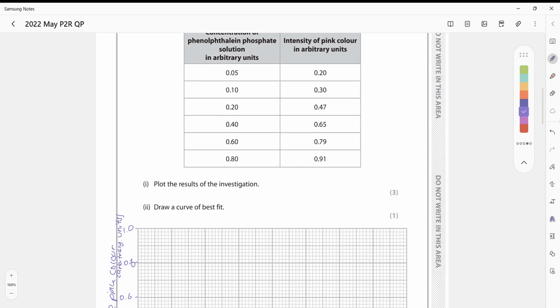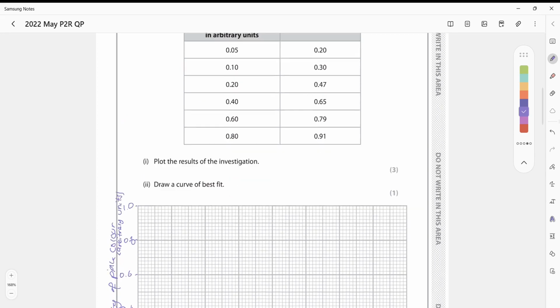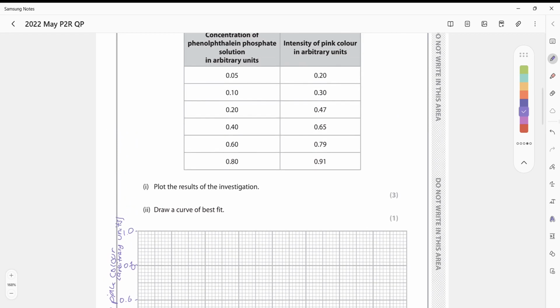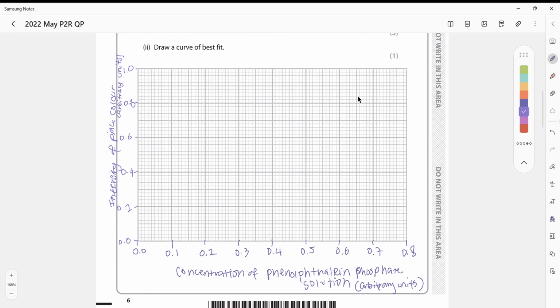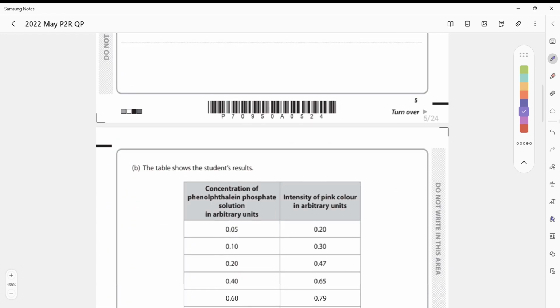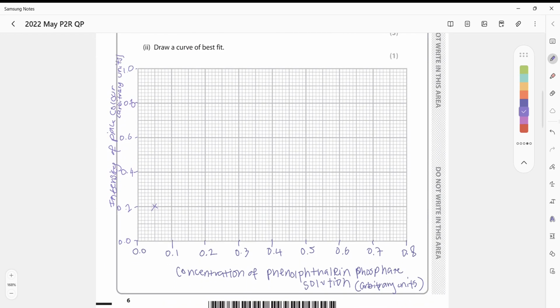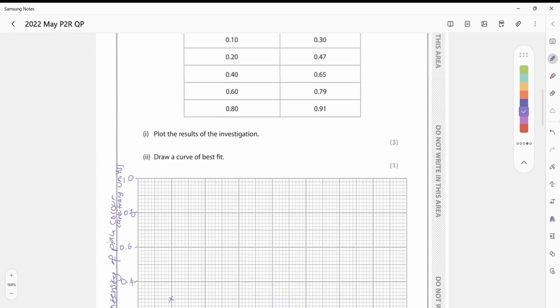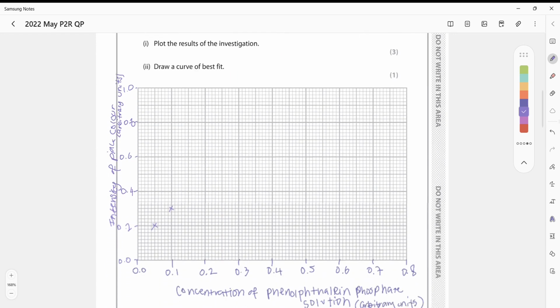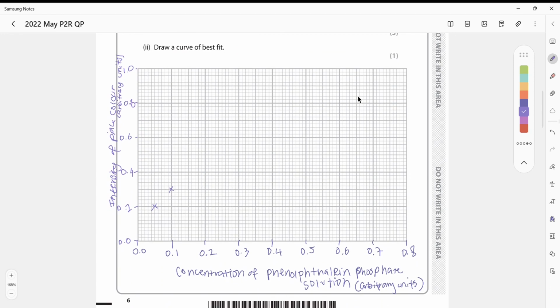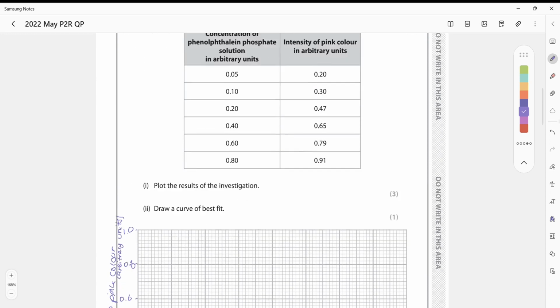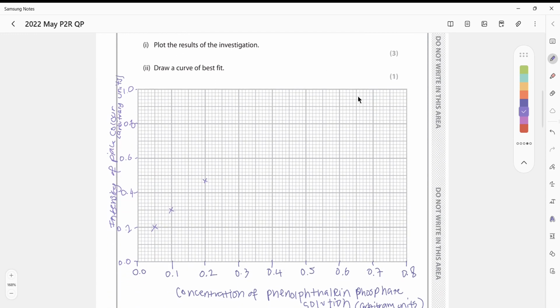So let's look at the first point. The first point is 0.05 and 0.2. So 0.05 is here and 0.2 is here. Next we have 0.1 and 0.3, that's right there. Next is 0.2, 0.47. So this is 0.5 right in the middle, so it's going to be less than that. The next point is 0.4 and 0.65, it should be somewhere in the middle here.